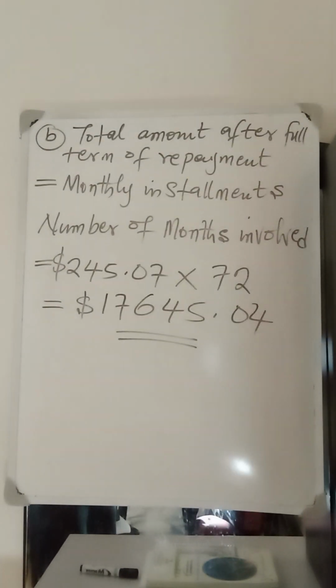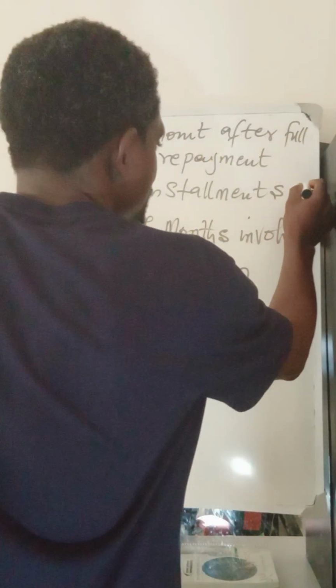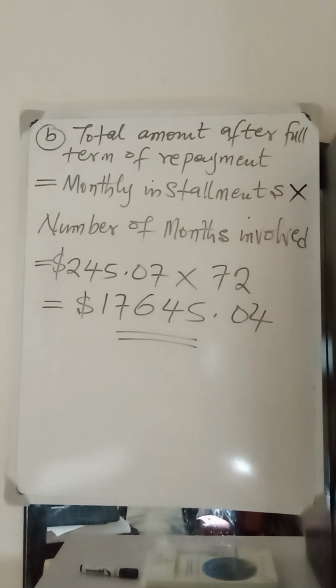For solution to question B, the total amount after full term of repayment is going to be monthly installment times the number of months, which will be 245.07 times 72.